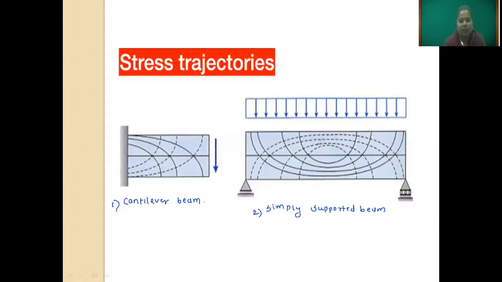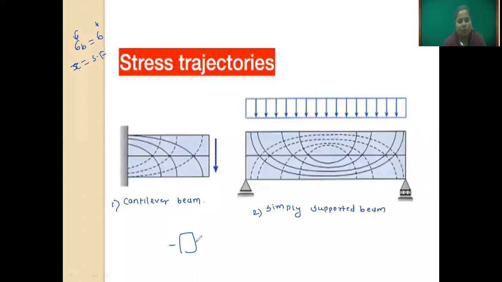Already you know that bending stress, sigma b, is due to normal stress, and shear stress, tau, is due to shear force. So whenever bending stress is generated, these bending stresses will come from normal stress and shear stresses come from shear force.